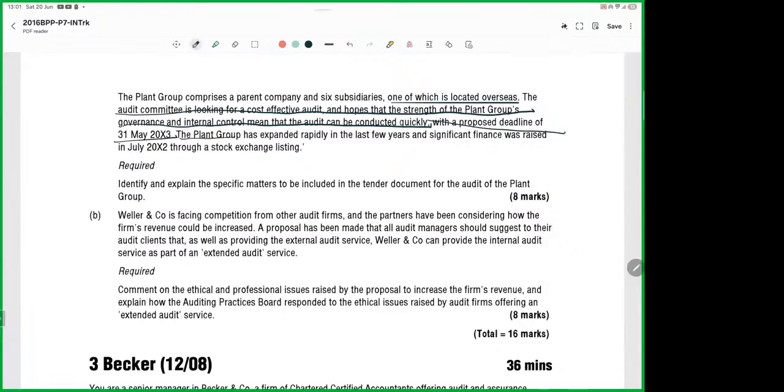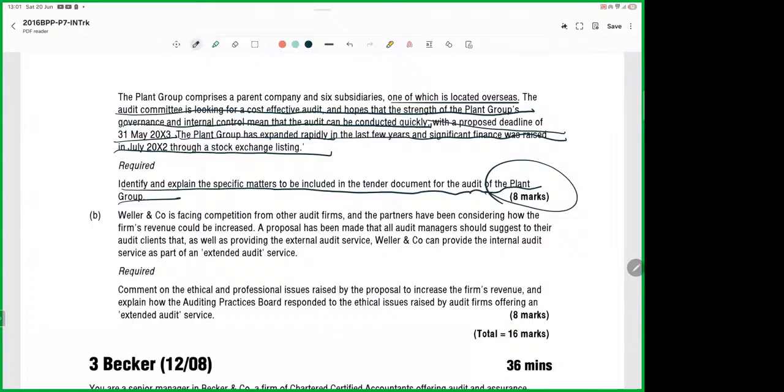The plant group has expanded rapidly, that's risky, in the last years, and significant finance was raised in July 2022 through a stock exchange listing. So identify and explain the specific matters to be included in the tender document for the audit of the plant group.